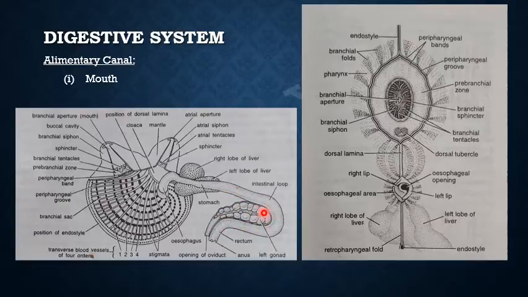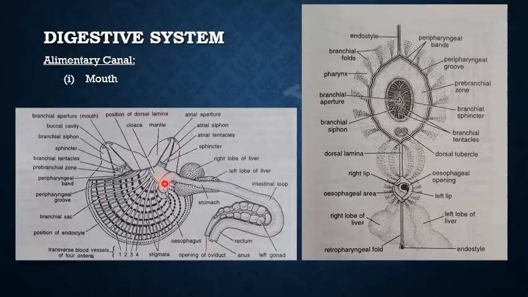Then after the stomach there comes the intestinal loop, in between which is situated the gonad. This we will do in the reproductive system. The intestinal loop ends into the rectum, and the rectum opens not to the outside, but to the atrial cavity, which is as good as outside, through the anus.